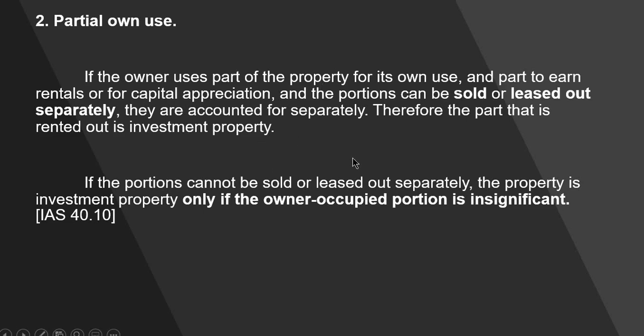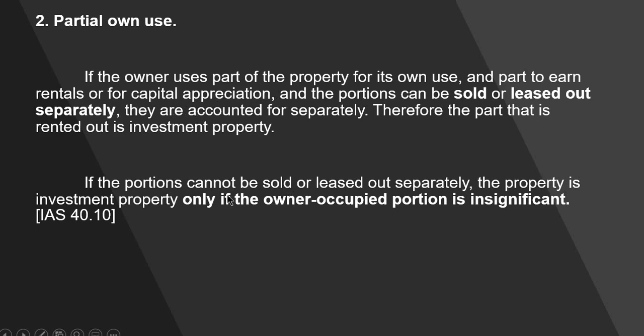And it cannot be sold separately. So you cannot sell the portion being used for administrative purposes without also having to sell the portion that is being rented out or that is being held for capital appreciation.